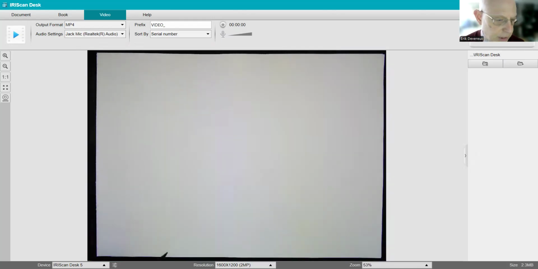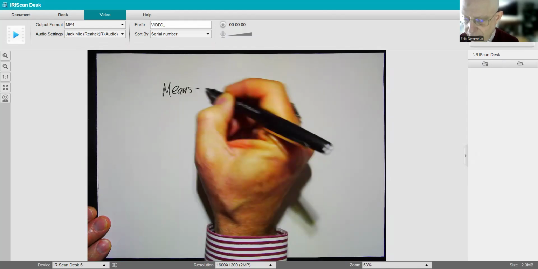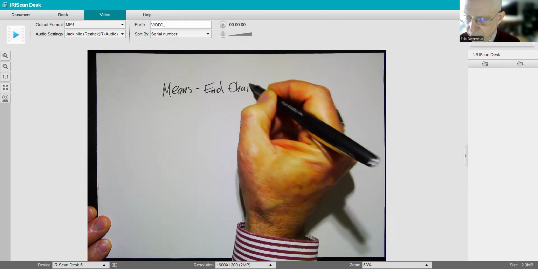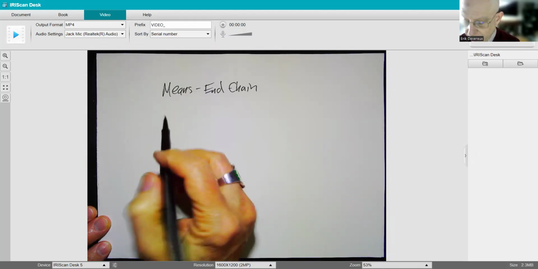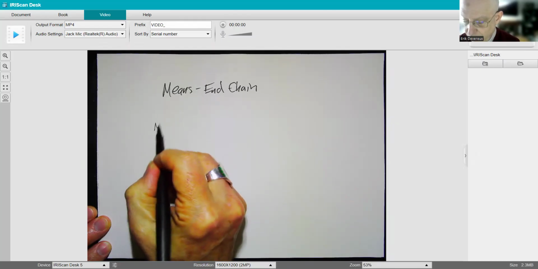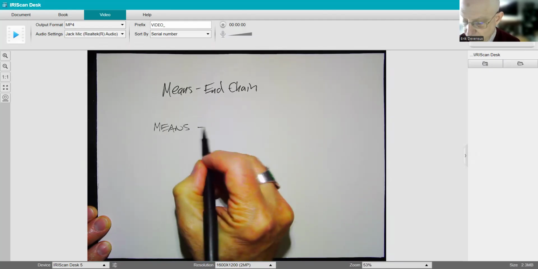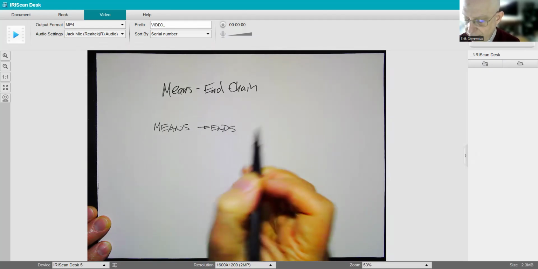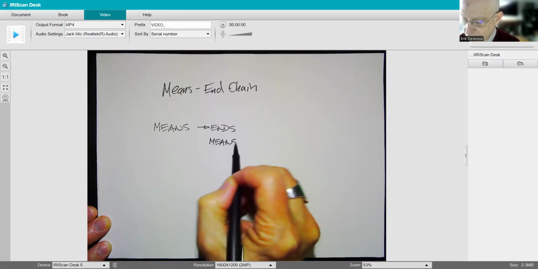Something that is evident all the time in doing this type of work is the means ends chain. And the means ends chain is the realization that if we have the means, that is the resources, to produce a certain set of ends, okay, then this ends becomes itself a means to another end.